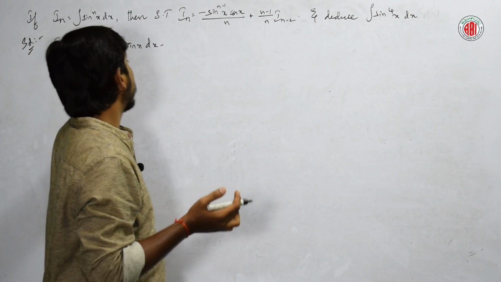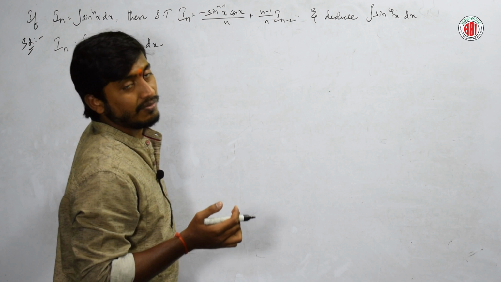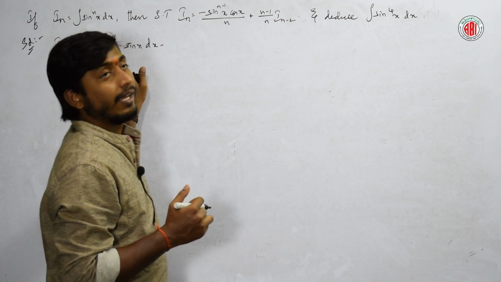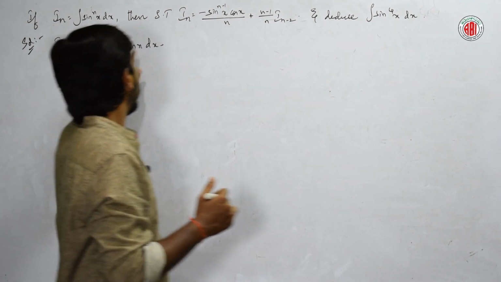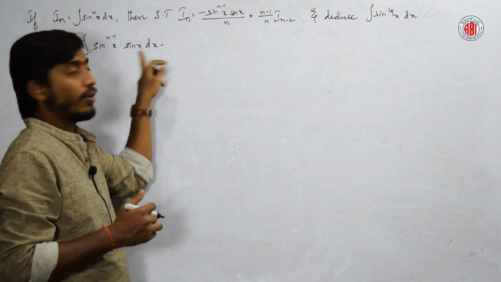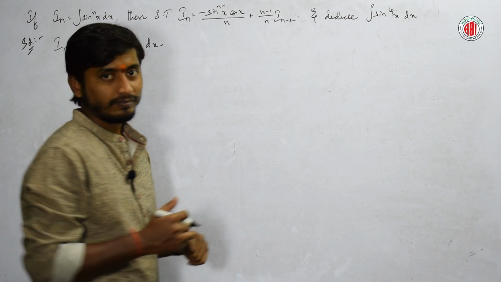Now, can I use integration by parts? Yes, we will take this as u, because there is the power n minus 1 in that, and this as v. Clear?